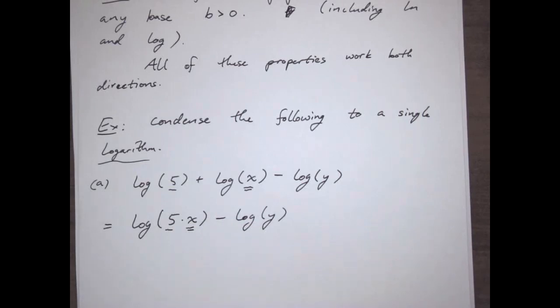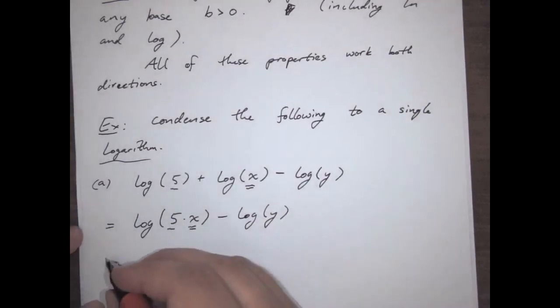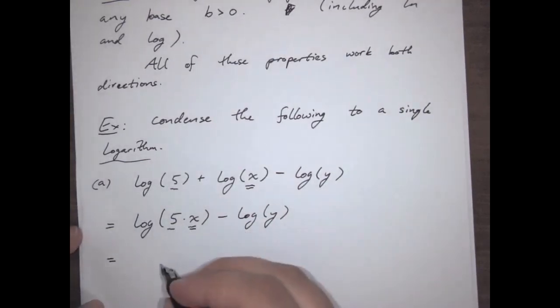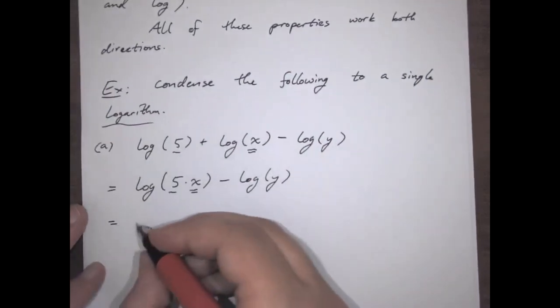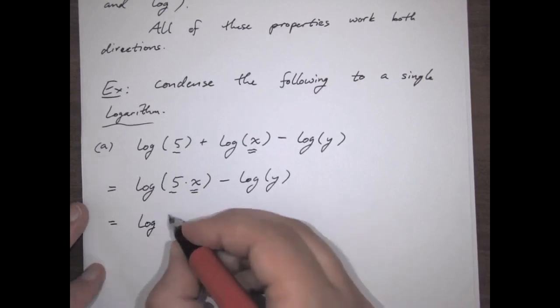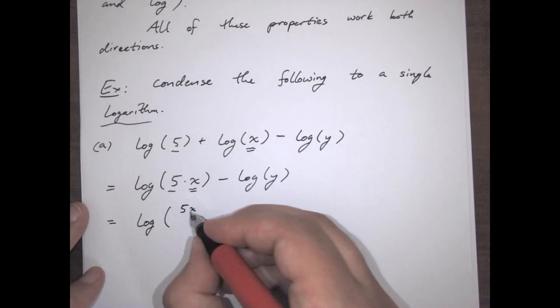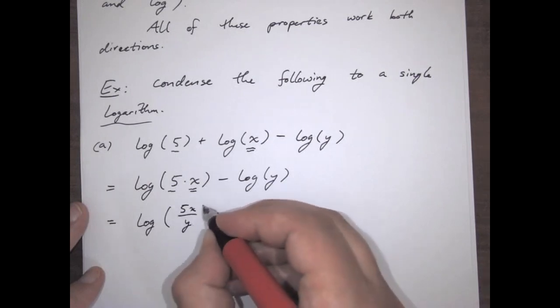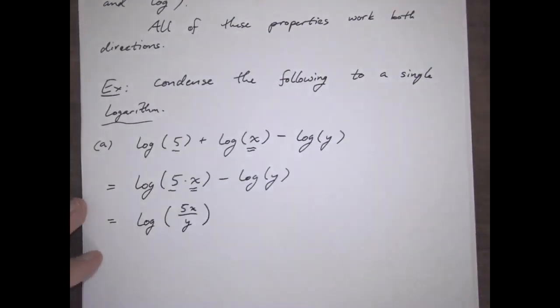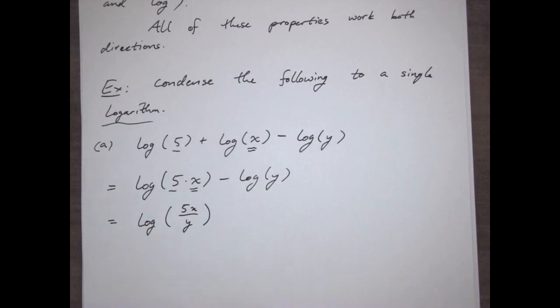Logarithms are the bridge between addition and multiplication. And then here, now we have a difference of two logs of the same base, so that's going to be log this divided by that. So there it is now expressed as a single logarithm.